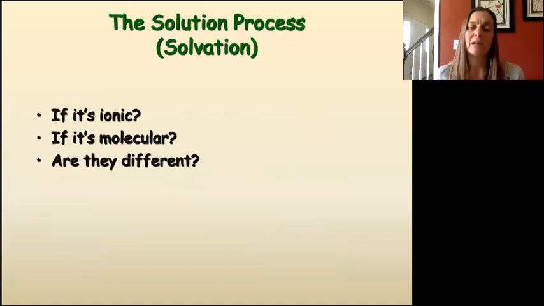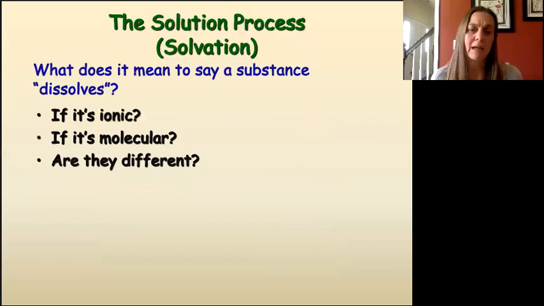Well, we've got to talk then about the process of solution or solvation. So what does it mean when we say that a substance dissolves? Is it different if it's ionic versus if it's molecular? Yes. Okay, so why does like dissolve like?